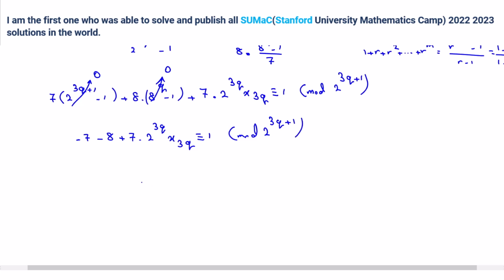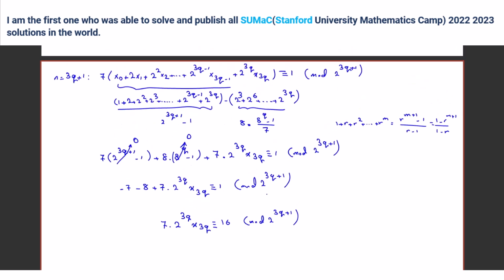So we can say 7 times 2 to the 3q x3q is minus 15. When you take it to the right side, 15, so plus 1, 16, right? But I think we divide it by 4, and it's not possible. I think we had a careless mistake, so let's check here.